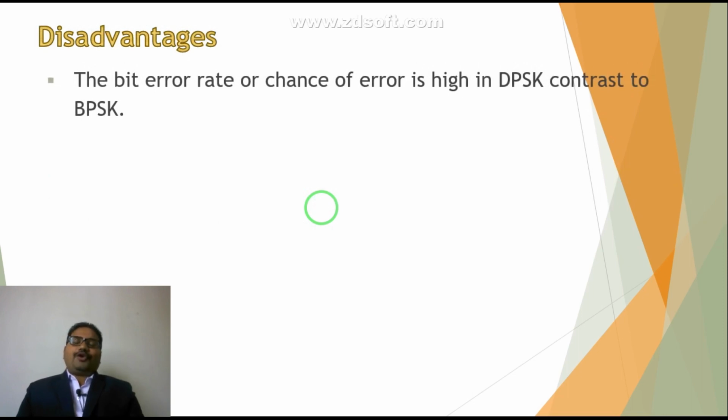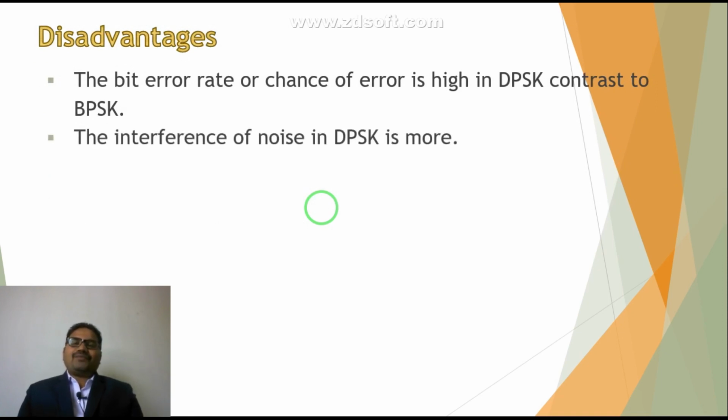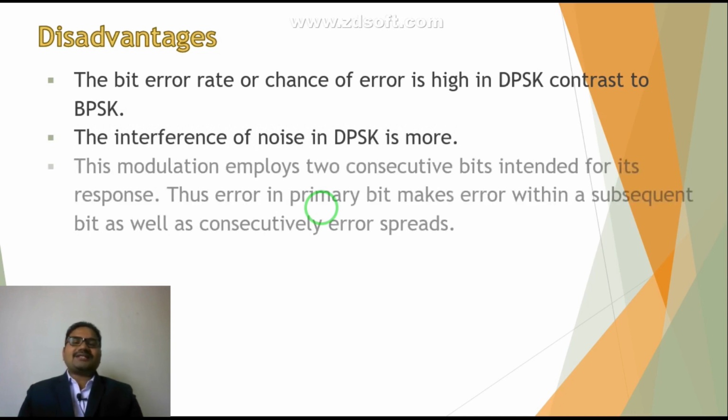But the drawbacks, the disadvantages: the bit error rate or the chance of error is high in DPSK in contrast to BPSK. Also, the interference of noise in DPSK is more. This modulation employs two consecutive bits for its response. Thus, an error in the primary bit causes an error in the subsequent bit, and consecutively it is going to spread the error.